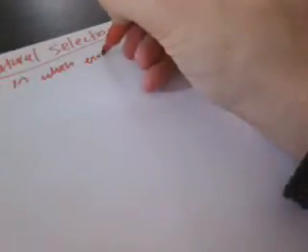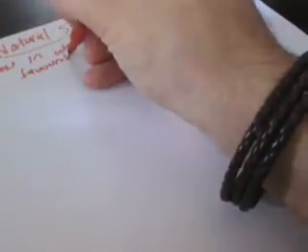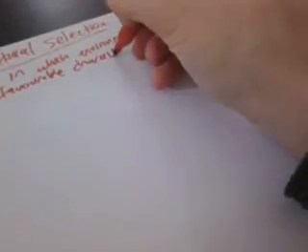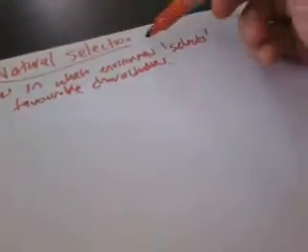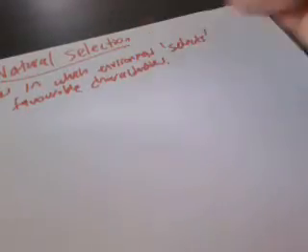So let me now talk about natural selection. Natural selection is basically a process in which the environment, the word says it all, selects favorable characteristics by reducing the frequency of unfavorable characteristics, such that after many generations the species will become better adapted to the environment.